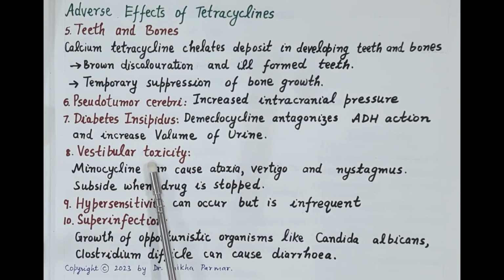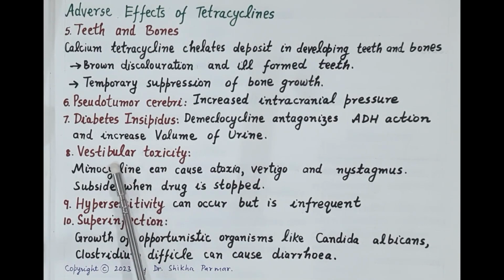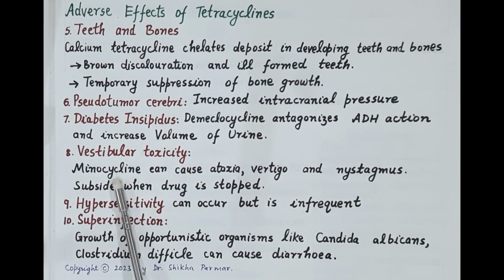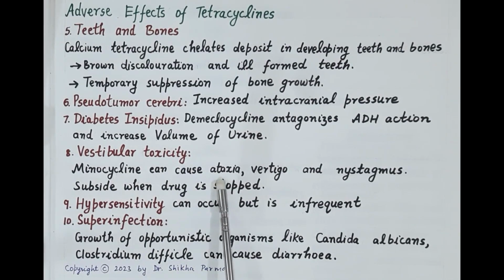Then vestibular toxicity. Now, vestibule refers to the inner ear that is primarily associated with the sense of balance. Now, very important, vestibular toxicity can occur with minocycline, and it can cause ataxia, that is poor muscle control causing clumsy movements.